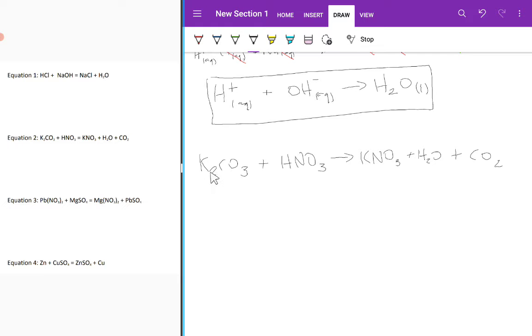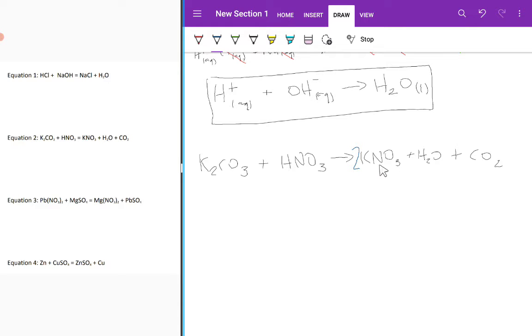We have two K's on the left, but only one K on the right. So we need to multiply the potassium nitrate by 2. Now we have two K's.